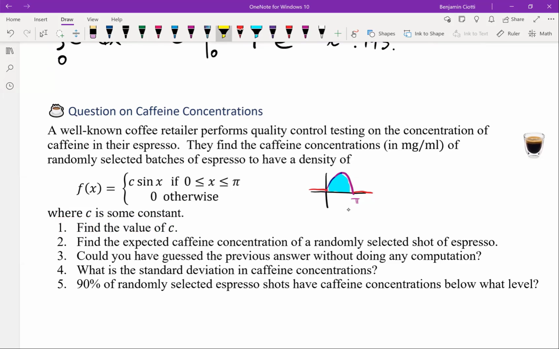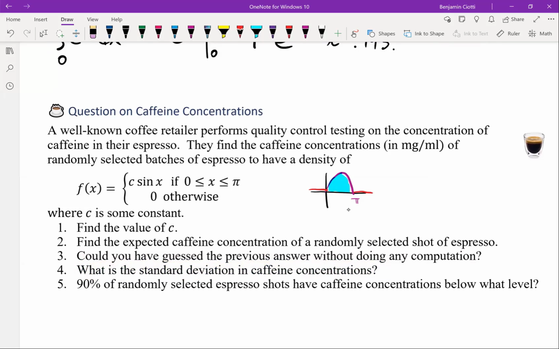And let's find what the expected caffeine concentration of a randomly selected shot of espresso is. I hope it's high. And could you have guessed what the expected value should be without even doing any integrals? And how about the standard deviation in caffeine concentration?